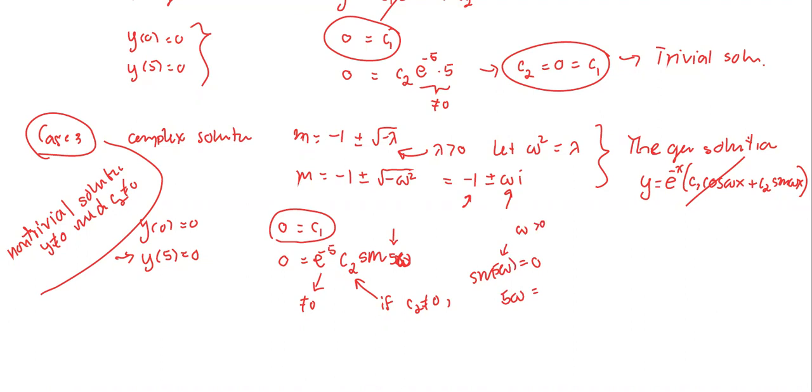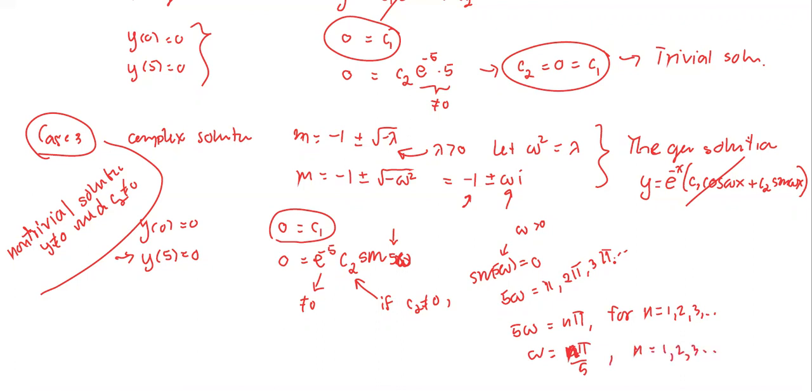So it's going to be n pi again, like last time, not including the 0 angle, starting from pi, 2 pi, 3 pi, and so forth. So 5 omega is n pi for n equals 1, 2, 3, and so forth. So omega is n pi over 5, for n equals 1, 2, 3, and so forth.